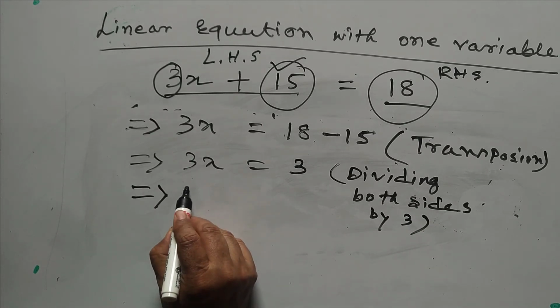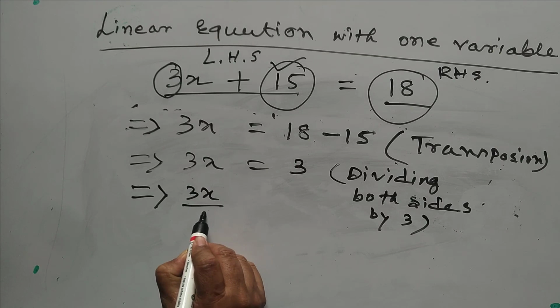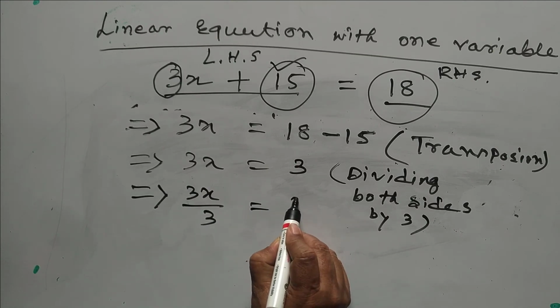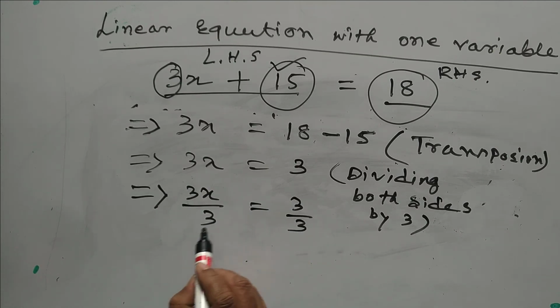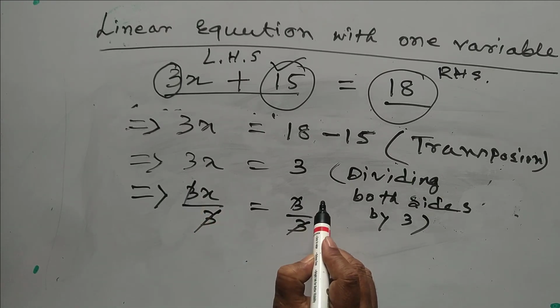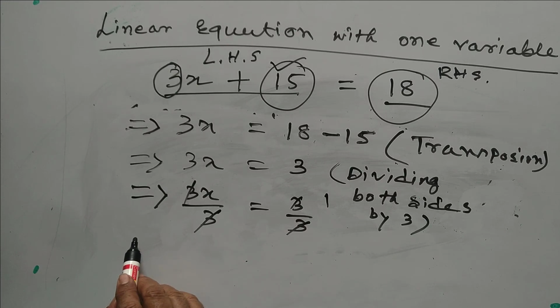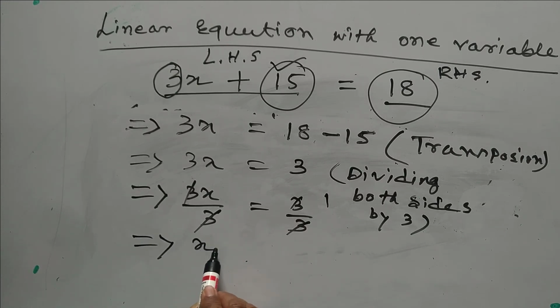So 3x by 3 equals 3 by 3. 3 ones are 3. So x equals 1.